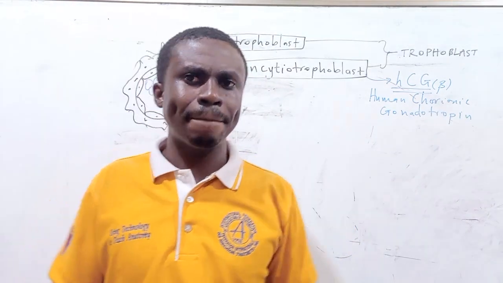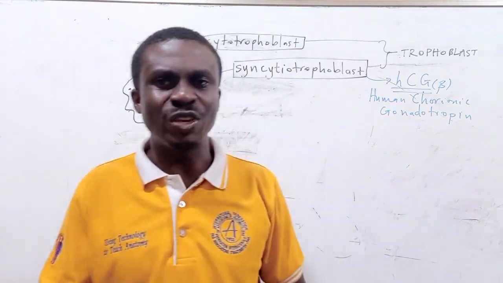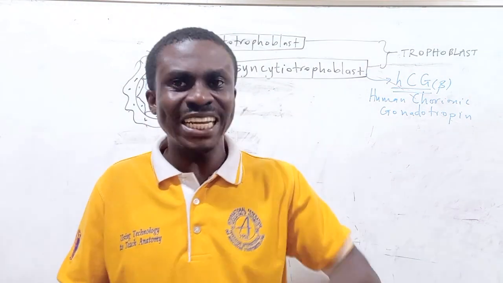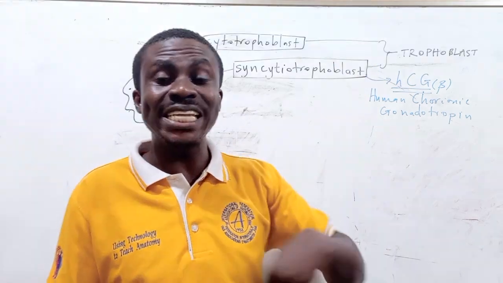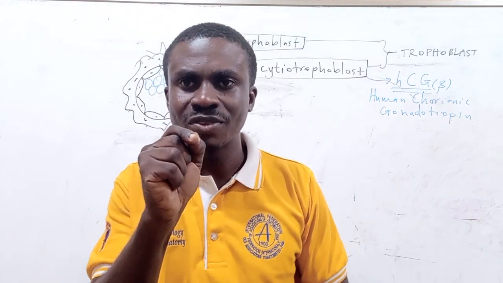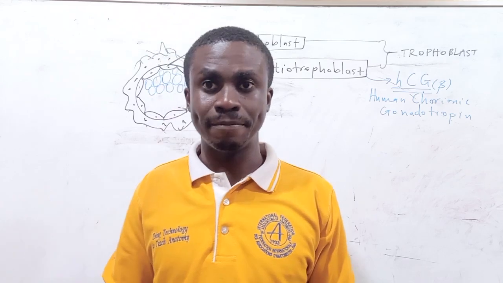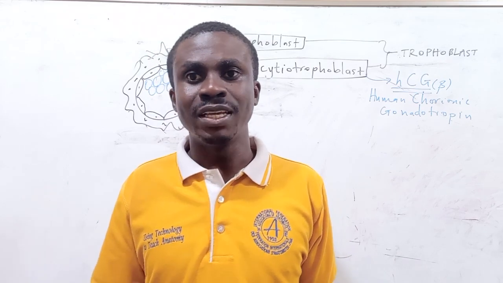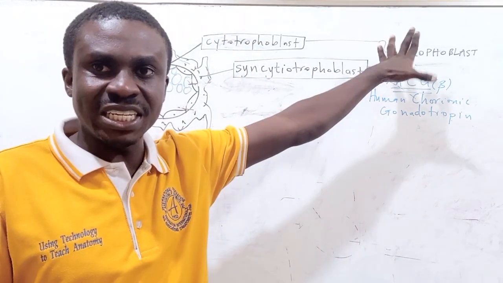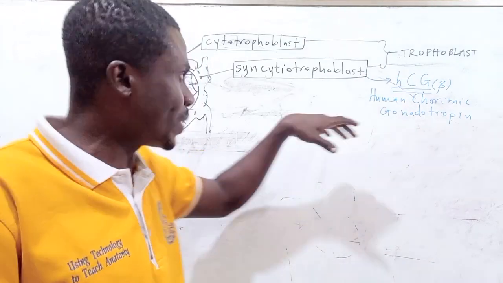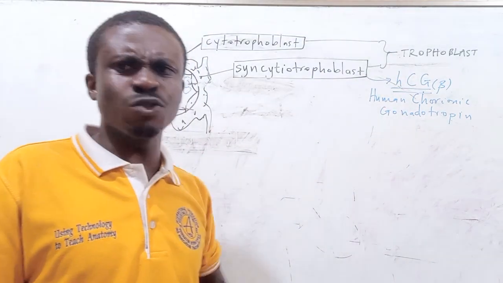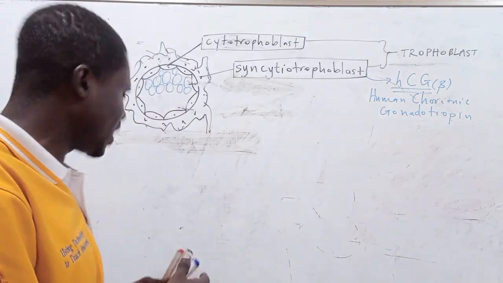But my friends, beyond 2 weeks, the placenta itself, which will be formed from the trophoblast, will come and take over the production of progesterone. Yes, that's what is going to happen. I'm not going into that detail because we take our time and go through the formation of placenta. One more thing that you may be seeing is that there will be some kind of lacunae.